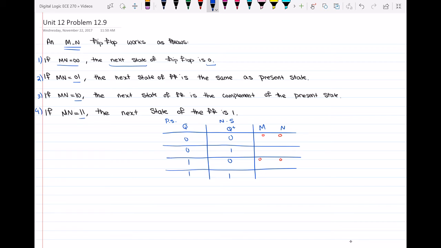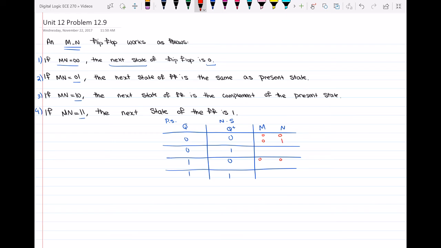Statement number 2 says that the next state of the flip-flop is the same as the present state. So it fits this first situation, right? Because present state is 0, next state is 0. In that case, mn is equal to 0, 1. So we have 0 and 1.